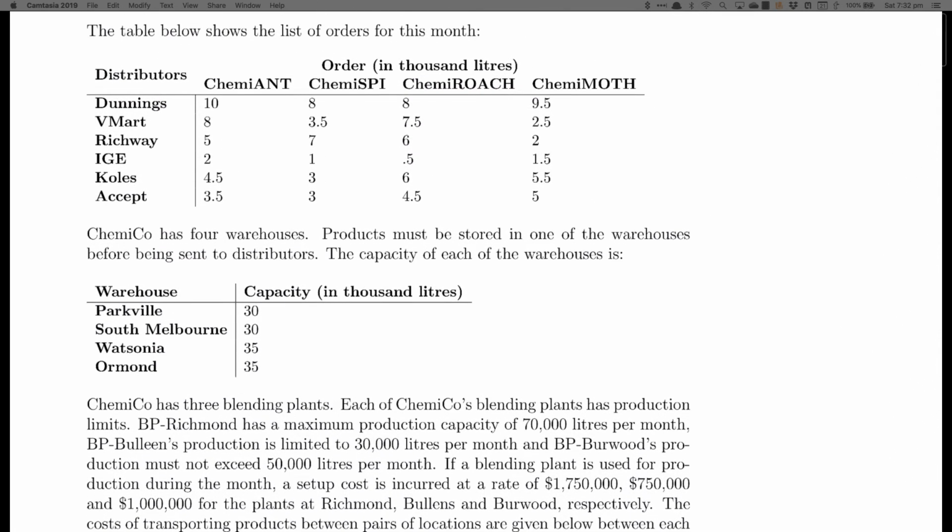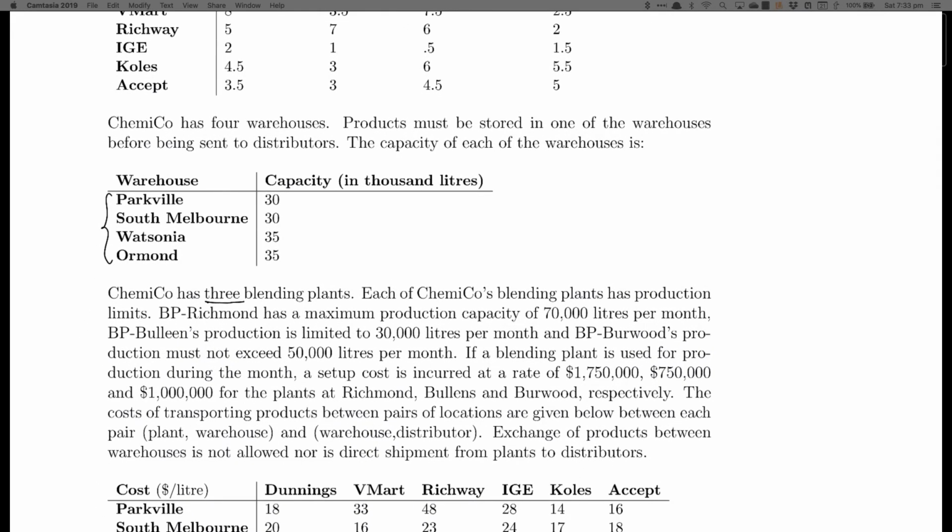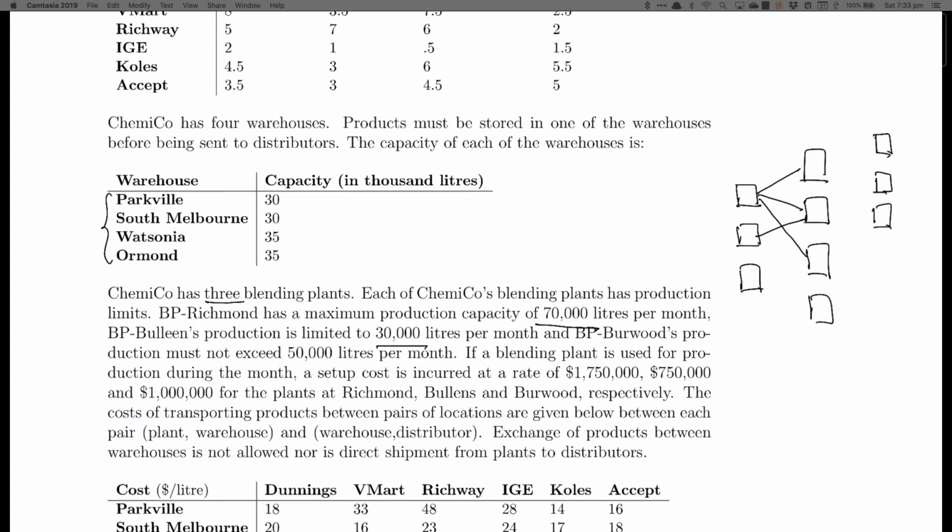Chemical does not send the products directly to the distributors. It sends actually through some warehouses. So it has 4 warehouses and 3 blending plants. They produce, according to some capacity, insecticides, and they have to send these insecticides to one of the 4 warehouses, maybe to multiple ones, and from these warehouses the product goes to the distributors.